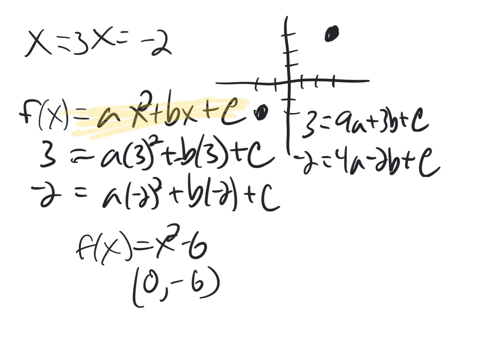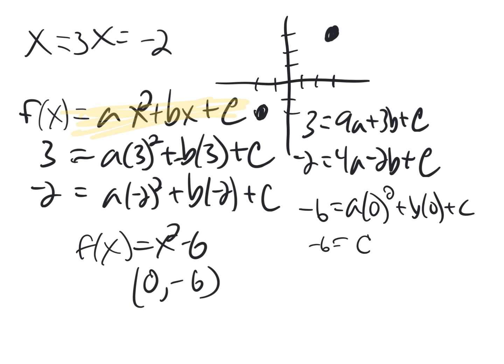If I go back to that original form and plug in 0, I'm going to get -6 equals a times 0 squared plus b times 0 plus c. So that tells me c has to be equal to -6.